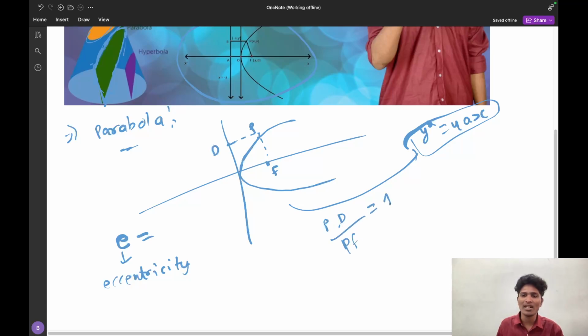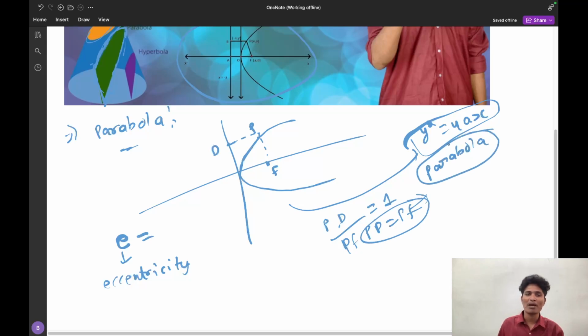This should be equal to 1. Then only PD is equal to PF. If this case is satisfied, it is called a parabola. But in ellipse and hyperbola, it will be different. The eccentricity is less than 1 for an ellipse, and for a hyperbola, it is greater than 1.